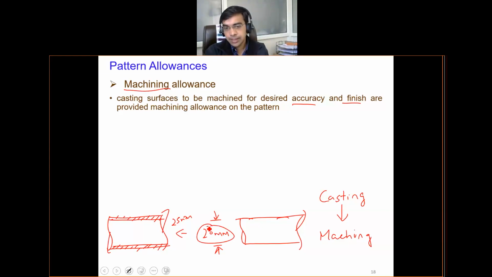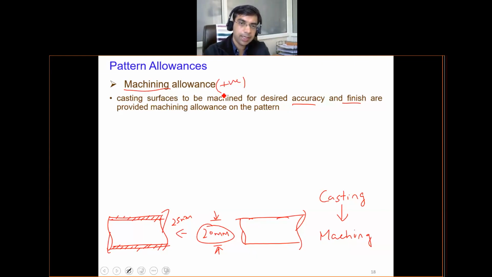So this means I am providing extra material on the cast product, which I will be subsequently removing in machining. So this machining will also be a type of a positive allowance.